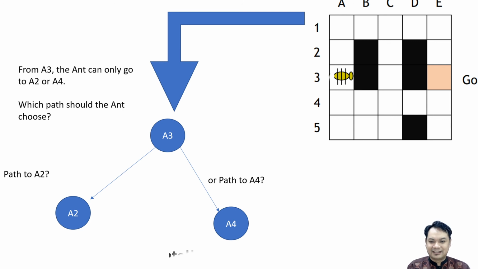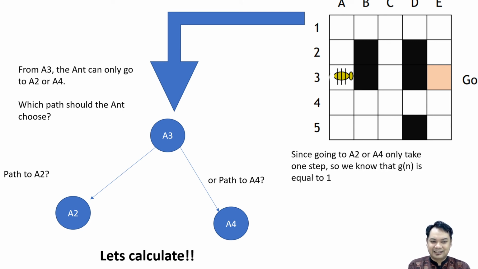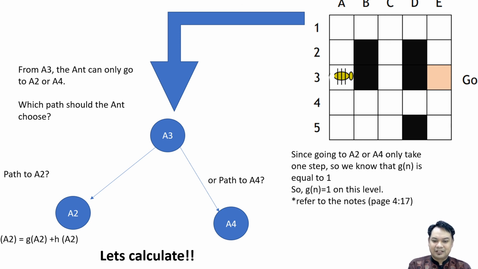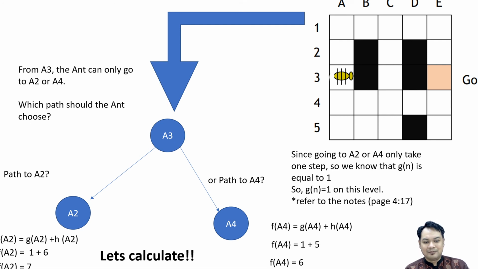So, itu saja. And then kita calculate lah. Let's calculate the cost. And then you determine which have the lowest cost. Either A2 or A4. And then, daripada persimpangan tu, from the junction, you determine which junction that the end would turn to. So, when that has been determined, usually the lowest cost, only then you can answer the question.